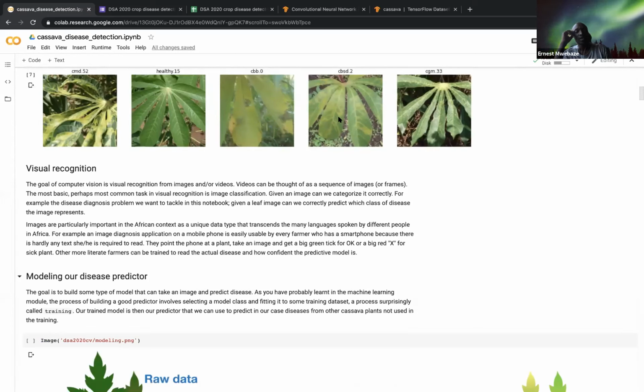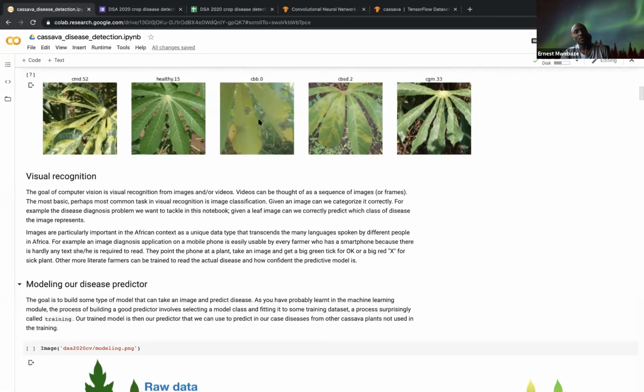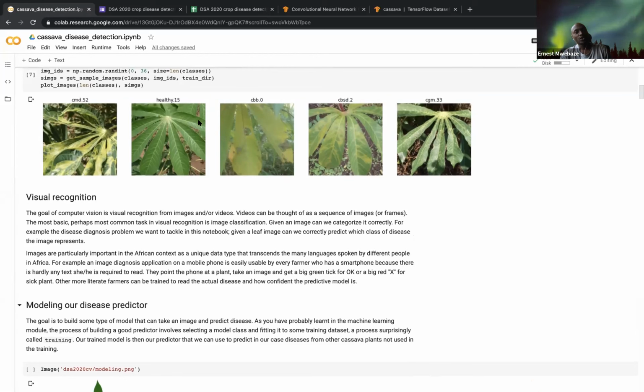And this is an issue with annotation. At one point when we were talking with experts about annotating these images, the question was, do you annotate the leaves? There are different ways of annotating an image such as these. You could say this whole image represents CMD.